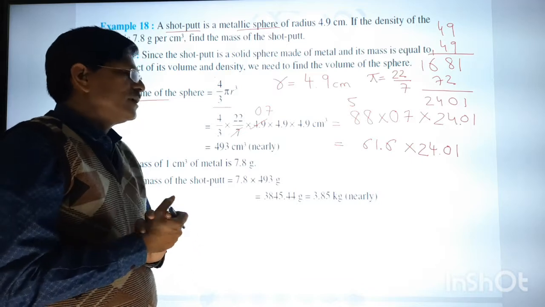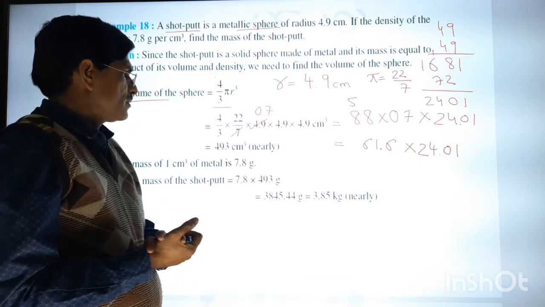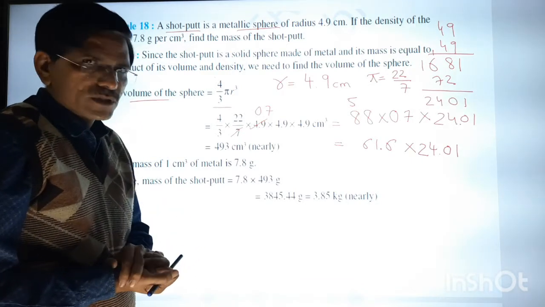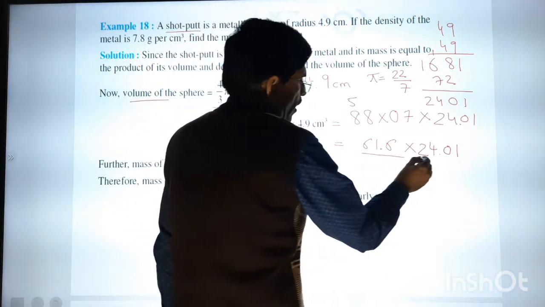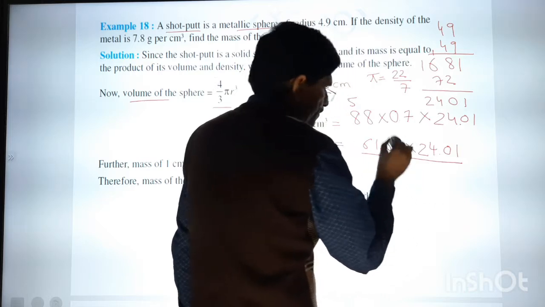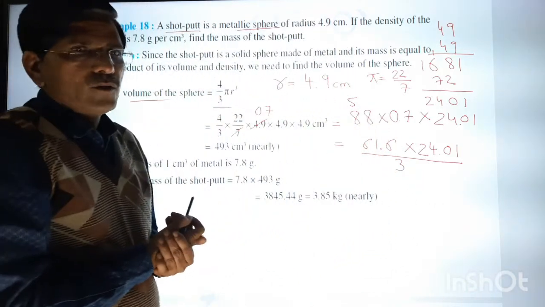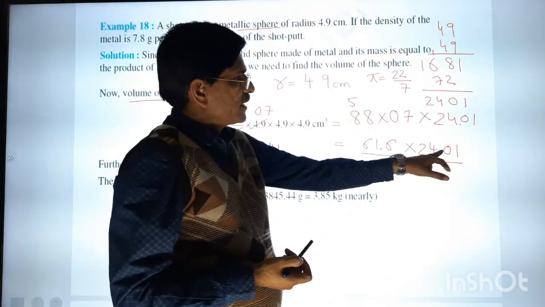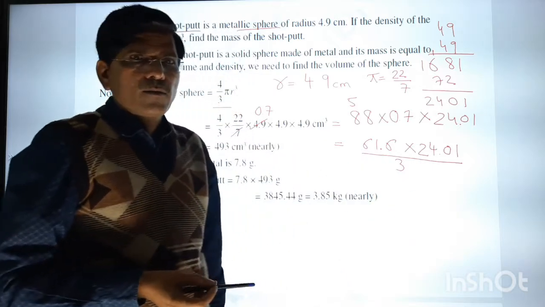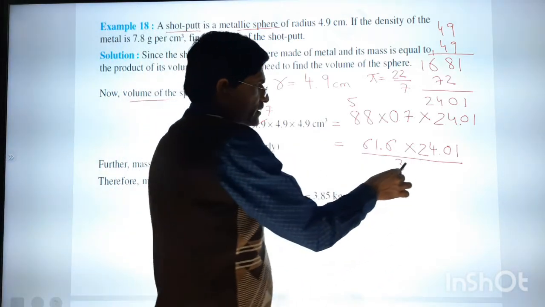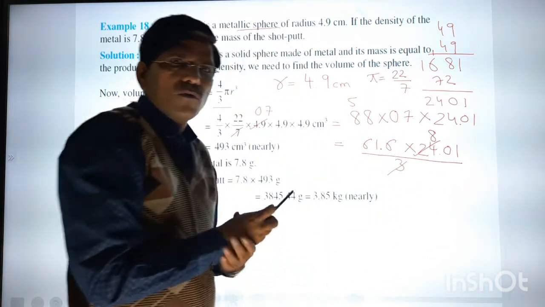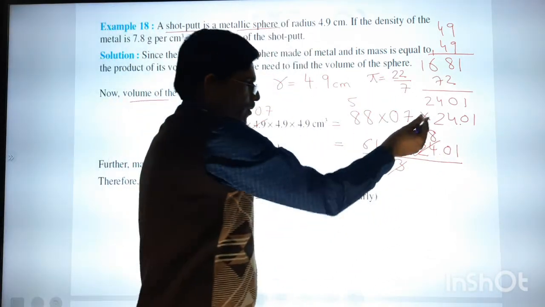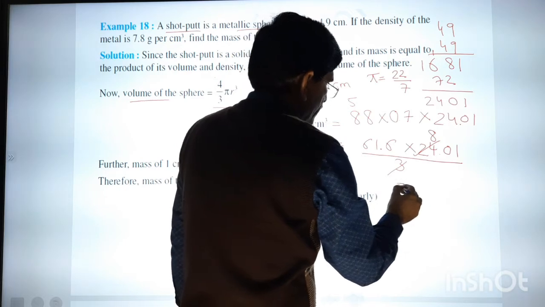Why should it be nearly? Because mostly we have seen that when it is divided by 3. Now how do they take it? See. Now after the point there is only 0 1 digit. So if I divide with this 3, 8s are 24. So I can take approximately 8.